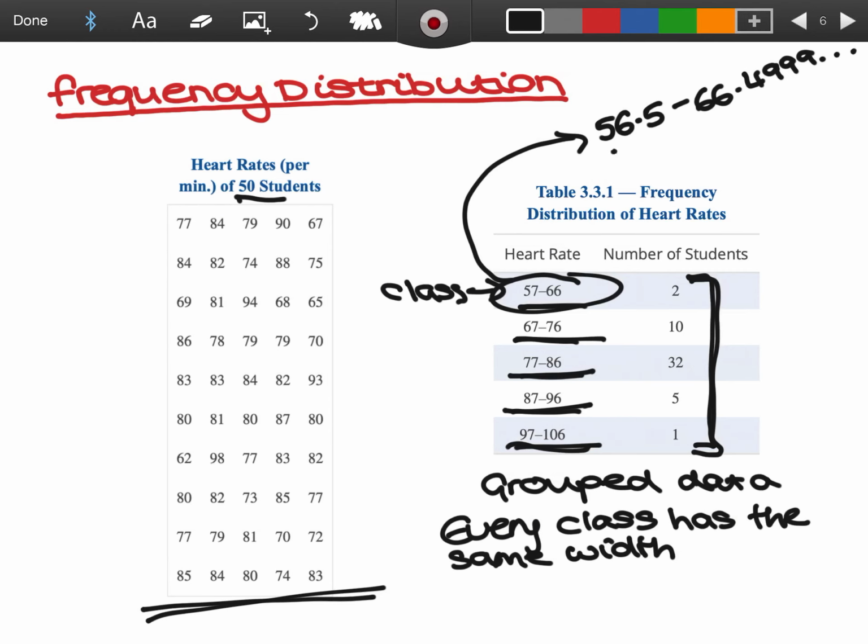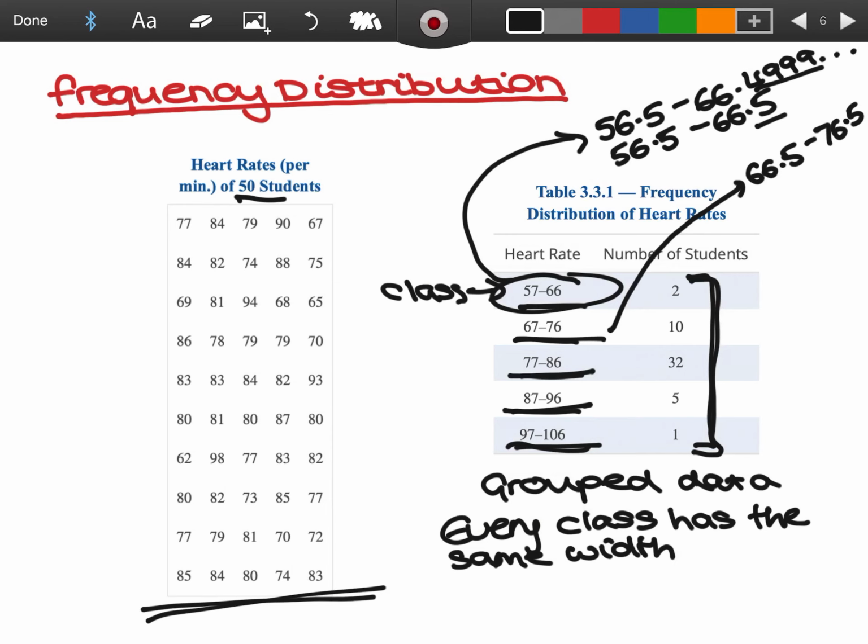So what we tend to say is instead, let's go from 56.5 to 66.5, because this number here would round to that. Then my next class would be anything between 66.5 to 76.5, because any value inside that range rounds to something in that particular class.